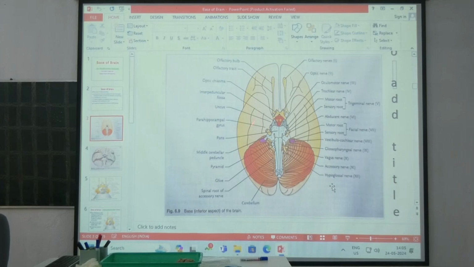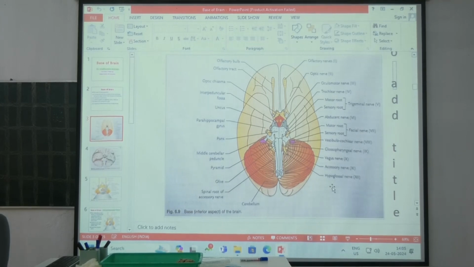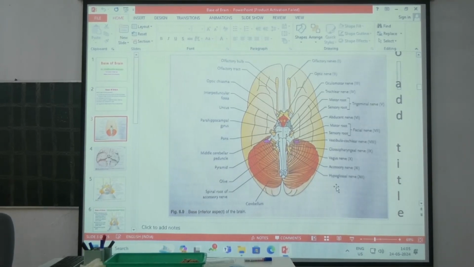Understood? And at the pontocerebellar junction, the cerebellum is connected to the three parts of the brainstem via three pairs of peduncles: superior, middle and inferior. The superior peduncle connects it with the midbrain.